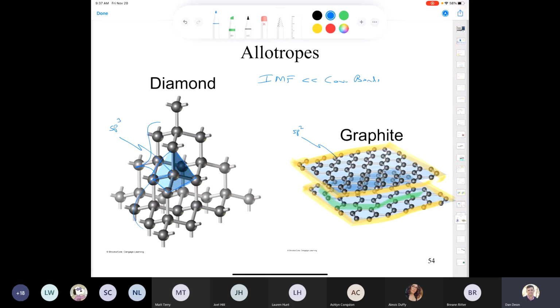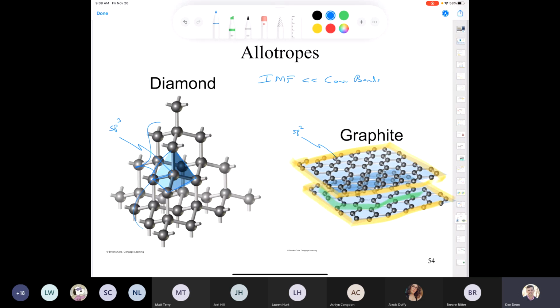The carbons within each sheet are held together by covalent bonds, so they're very strong, whereas the interactions between two or more sheets of graphite are simply intermolecular forces, and that gives graphite some of its interesting properties. The sheets of graphite are in fact held together by only London forces.